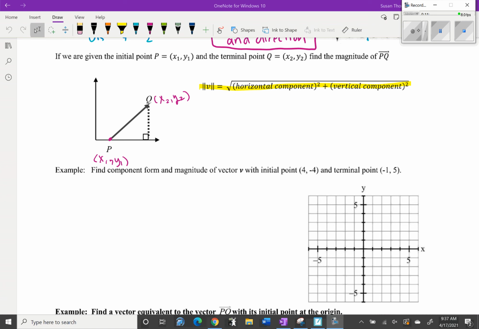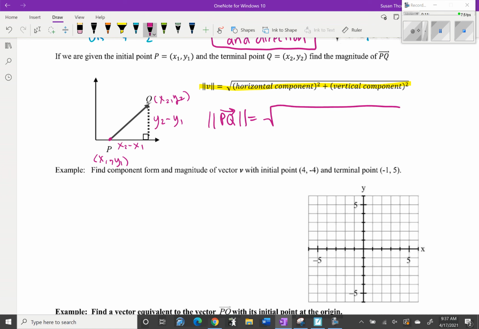So the horizontal component, since this is x2 and this is x1, you would have to subtract x2 minus x1, and the vertical component, you subtract the y, so y2 minus y1.